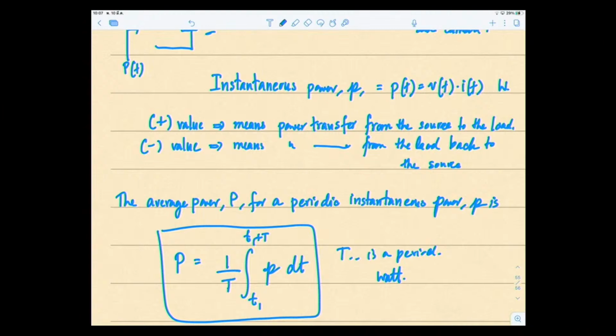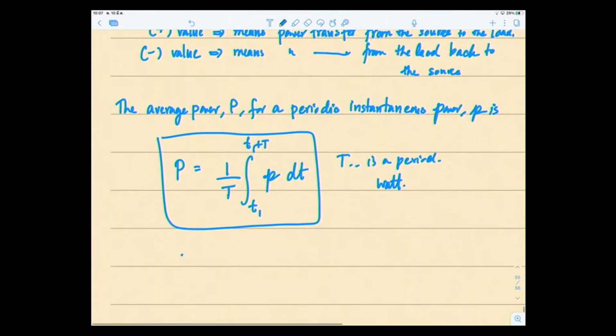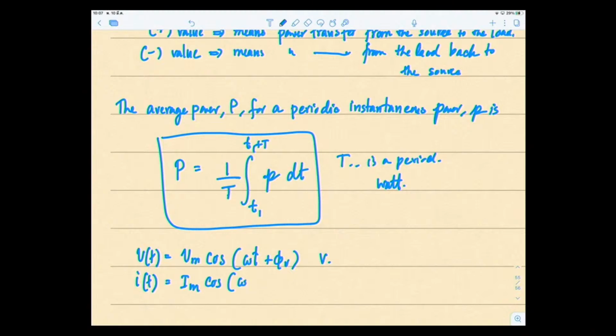Now, let's say we have v of t equal to Vm cos of omega t plus phi v volts, and a current equal to Im cos of omega t plus phi i amps. Let t1 equal 0 seconds, and T equal to 2 pi over omega.